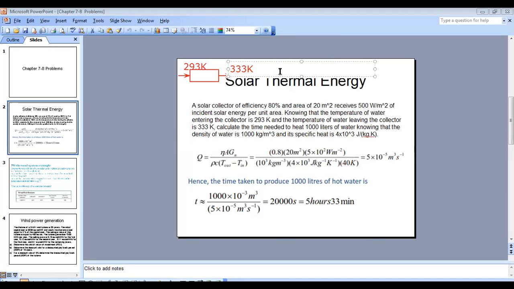We have the area of the solar collector, A equal to 20 meters square, and the solar energy received per meter square is 500 watt. So this is the solar incident energy, equal to 500 watt per meter square. First, from the properties given for the solar collector, I can calculate the useful energy.